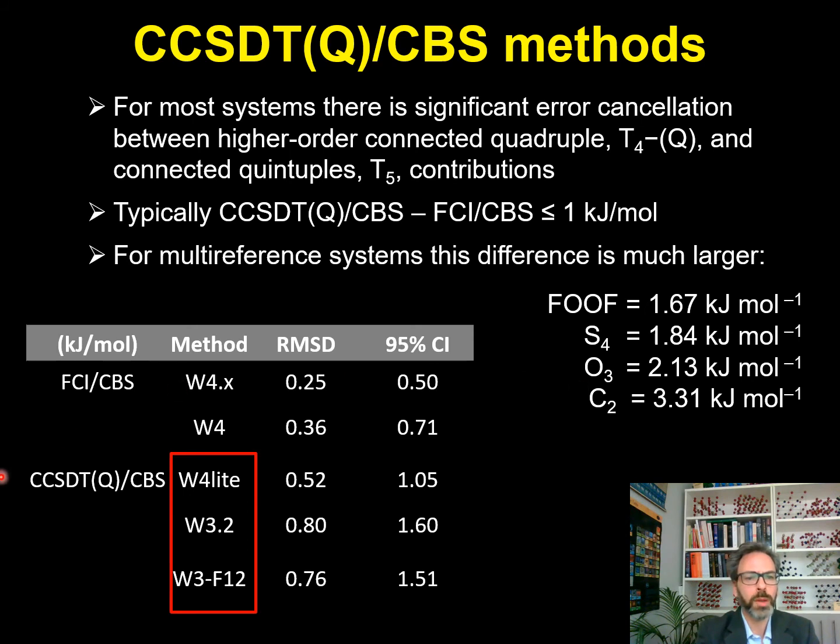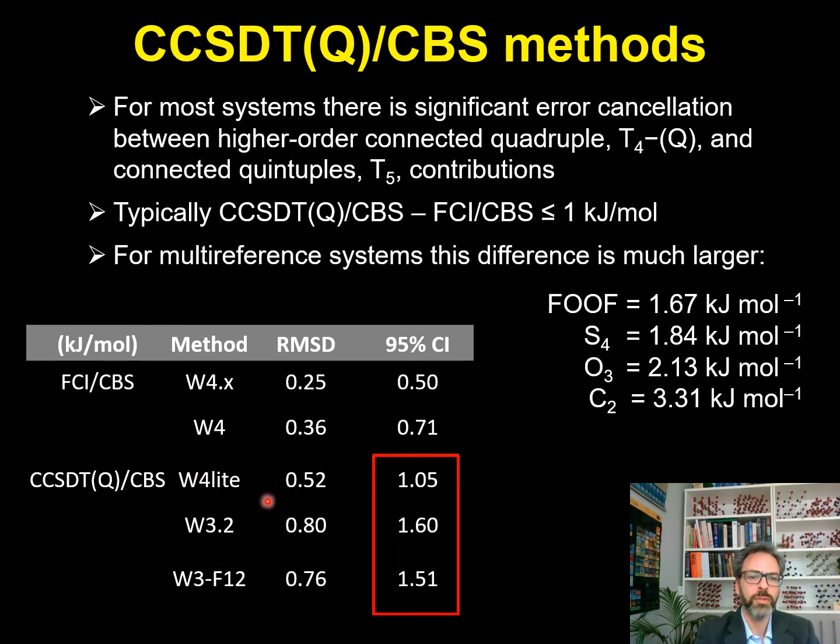Here we see a number of composite ab initio methods from the Weizmann-N family that belong to this category. So we have methods like W4lite and W3. Here we see the root mean square deviations that we obtain against highly accurate experimental total atomization energies and the associated 95% confidence interval.